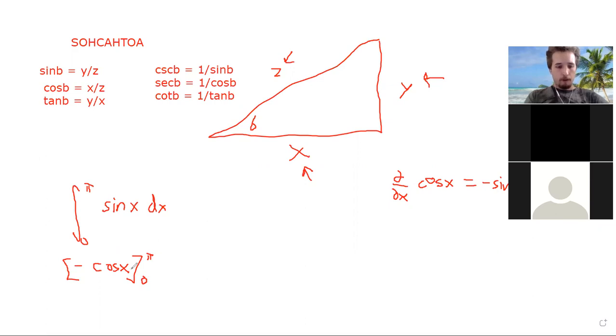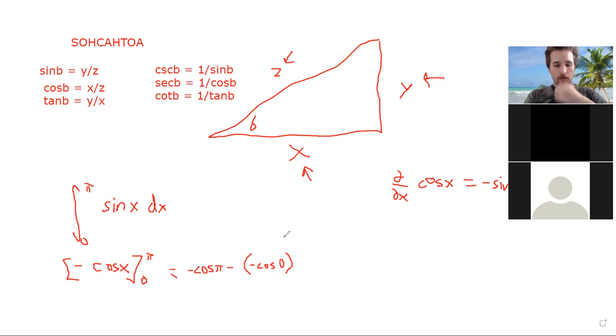And remember, we could put the plus c in here too, if you're wondering where the plus c is, but when you evaluate it from pi to 0, the c will cancel out. And so we get negative cosine of pi minus the function evaluated at 0, negative cosine of 0.